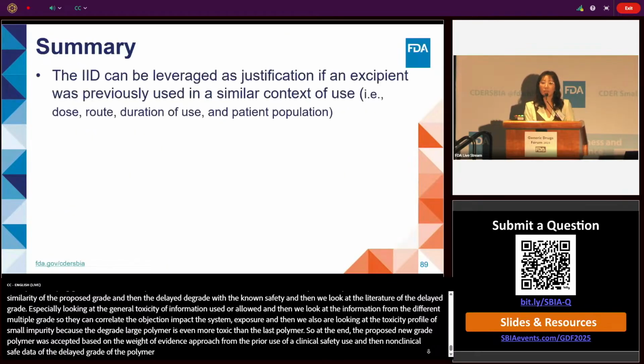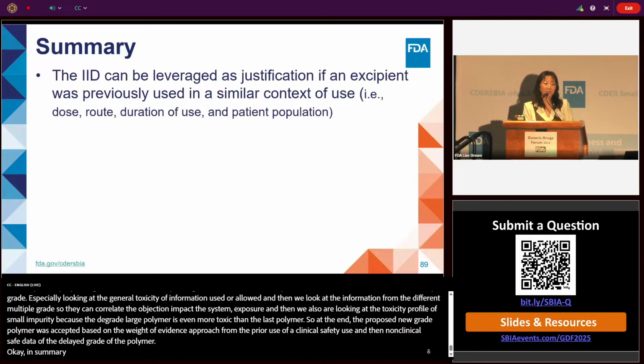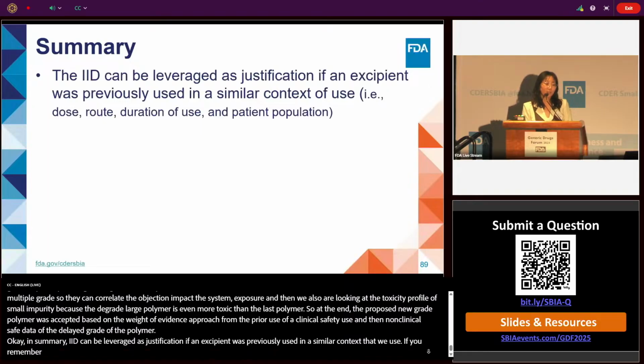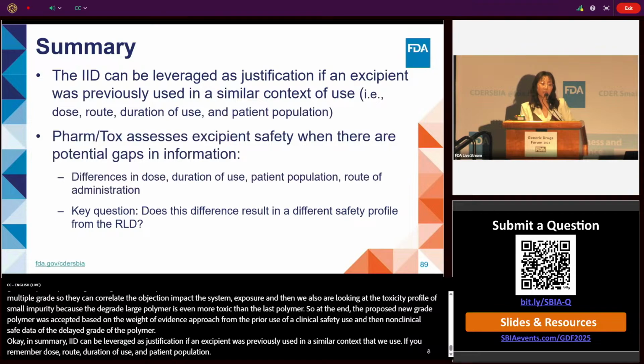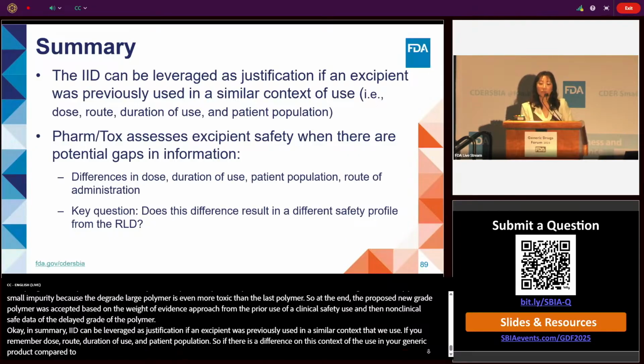Okay, in summary, the IID can be leveraged as justification if an excipient was previously used in a similar context of use. Please remember the dose, route, duration of use, and patient population. If there is a difference in the context of use of your generic drug product compared to the IID listing product, the PharmTox reviewer will assess the safety of the excipient using non-clinical information.